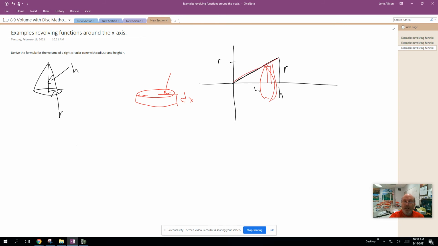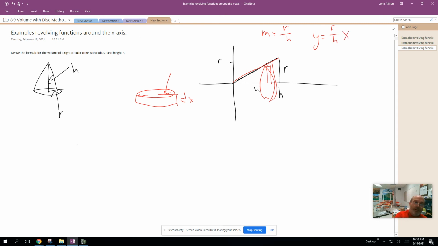Well, this is just a line. And we know that the line has a slope, change in y over change in x. So the slope of this line is going to be r divided by h. And so the equation of the line is going to be y equals, it's going through the origin, so the y-intercept is 0. So the equation of the line is going to be r over h times x.